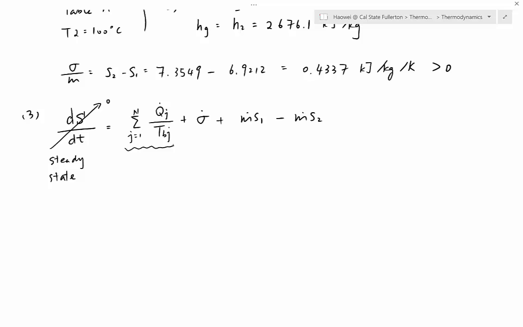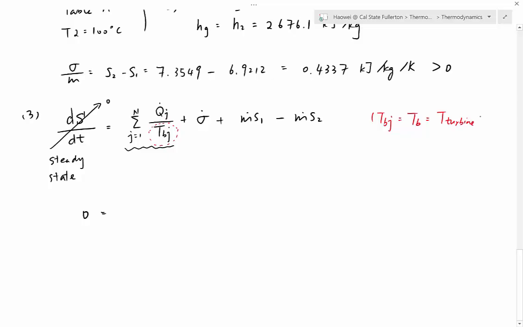Okay, so left hand side becomes 0. Now let's do right hand side. Okay, so what about Tbj? Tbj is constant. Tbj is equal to a constant, which is just the temperature of the turbine.